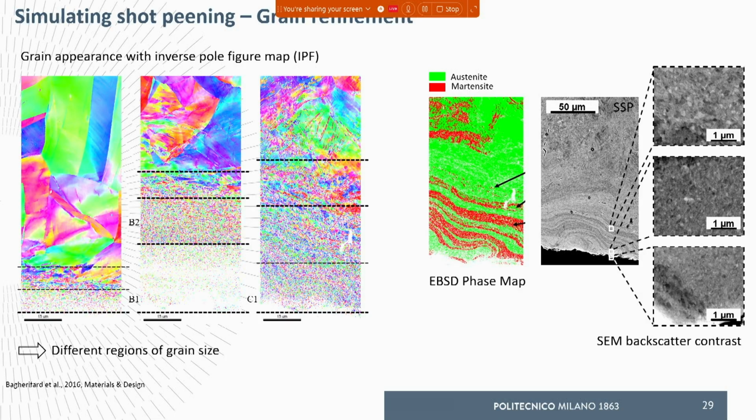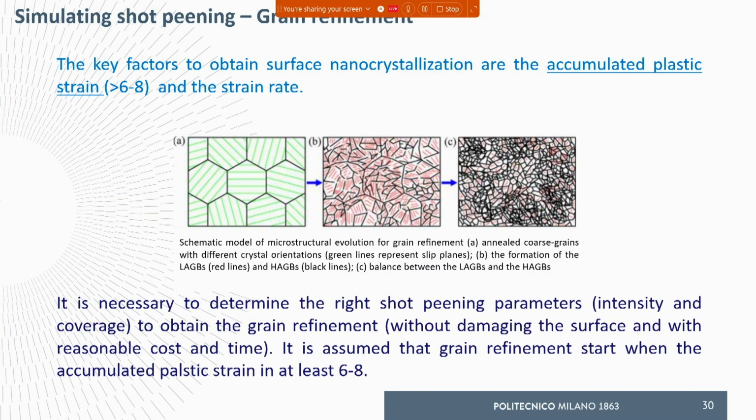Just to see that these are conventionally peened and severely peened samples, and in this case you can appreciate that the depth of the surface affected by grain refinement is increasing with the intensity and the severity of shot peening. And we can also see that severe shot peening is able to induce phase transformation from austenite to martensite.